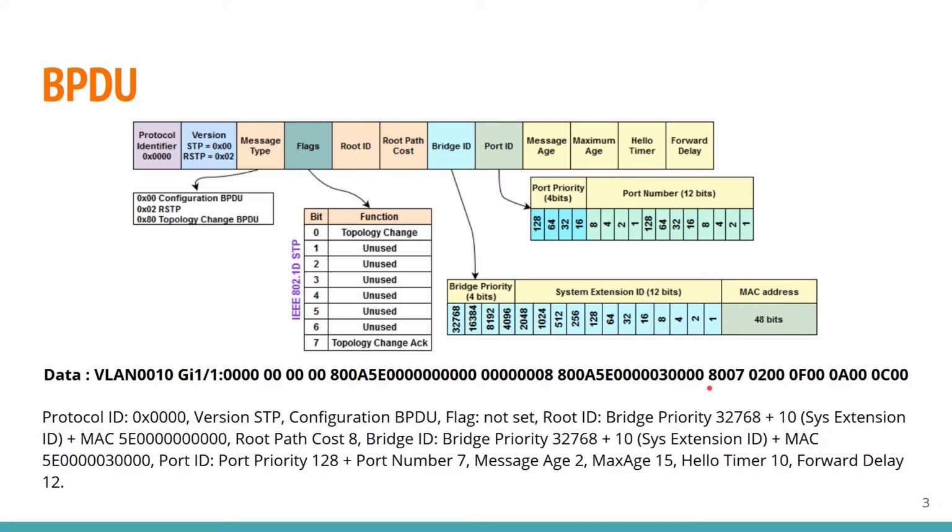Then we have port ID. Port ID first number is 8, and it is the highest bit set in port priority, and it corresponds to 128. And port number is 7. This is the port number from the sending switch or from our designated switch, and let's see on the topology.